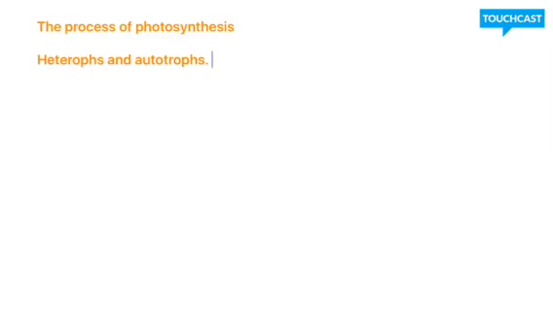Now, I want you for a minute to pause this video and think about the differences between the two and how they obtain their energy. All organisms require energy to sustain all the living processes that they undergo. So, what is the difference between the two? Pause this video for a second and just think about the differences between the two.